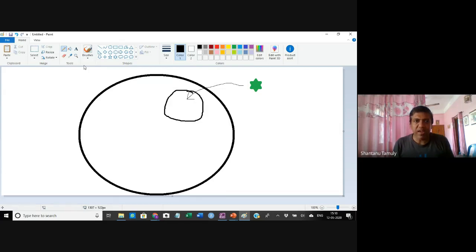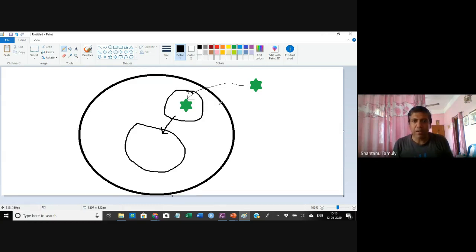So it will be inside an endosome, and then that endosome will fuse with the lysosome. This is a lysosome.